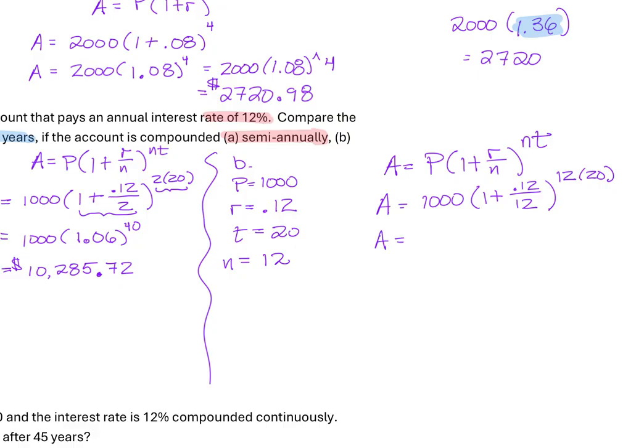All right, when we simplify this, I'm going to start with inside the parentheses. If we divide 0.12 by 12, we get 0.01. And so if we add that onto 1, we get 1.01. And if we multiply 12 times 20, we get 240.